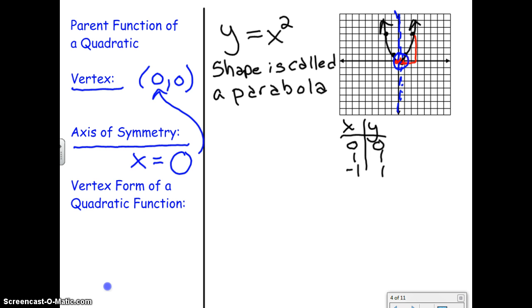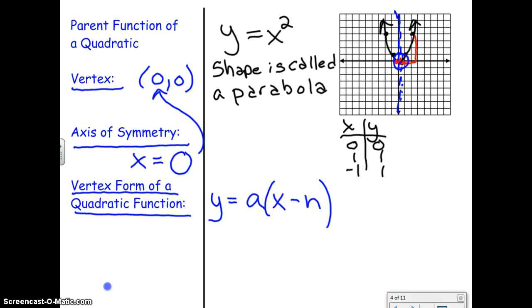So when we talk about the vertex form of a quadratic function, whatever value is in front of the x, multiplying by the x, is also affecting the stretch, just like it did for absolute value. We have minus h, which moves it to the right or to the left, depending on whether h is positive or negative.